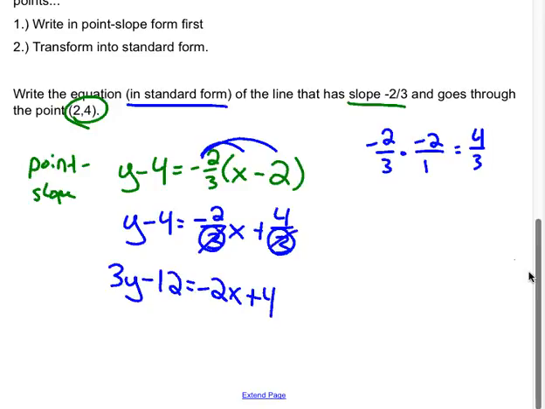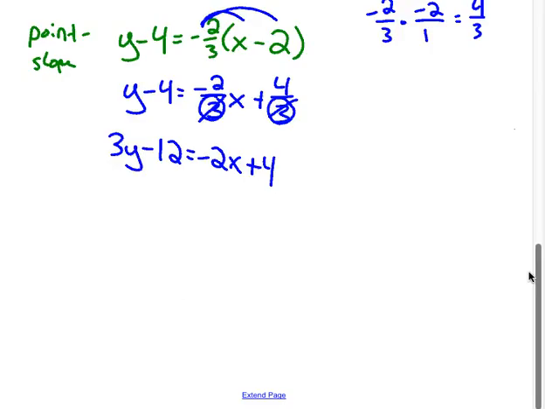Because that is going to cancel both of those denominators away. Okay, so that's what I would do first: get rid of the fractions, because now everything else is going to fall into place a little bit easier.